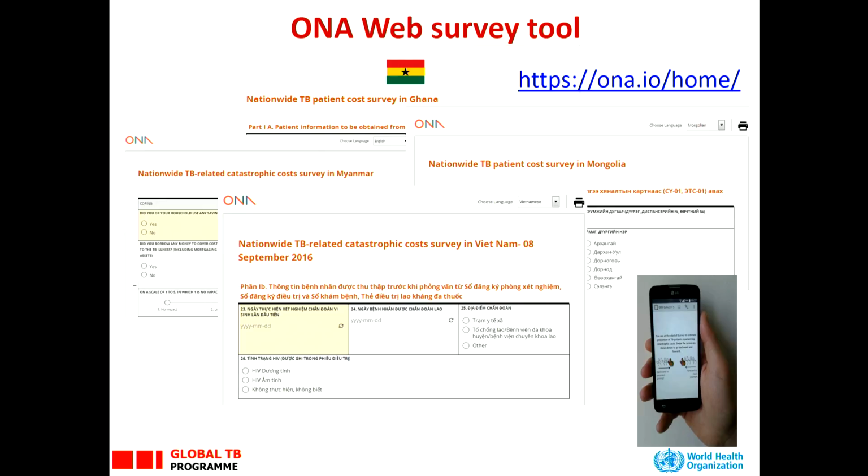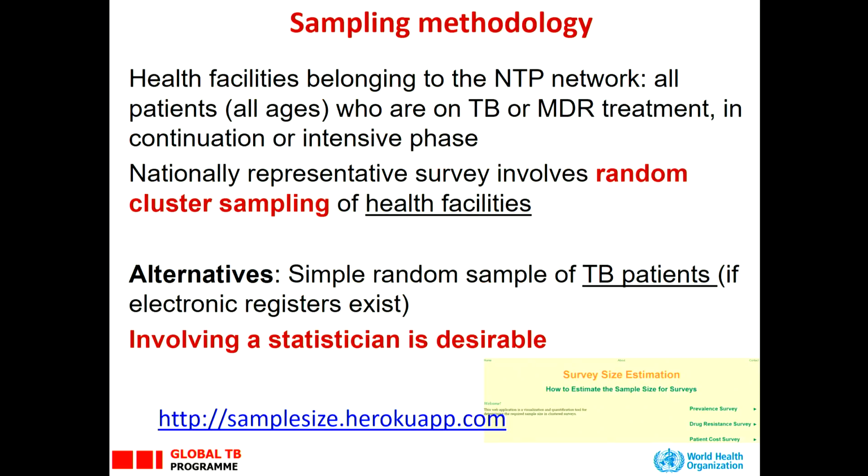Some others are just doing paper-based and then using this tool for data management, because one of the advantages it has, other than having a nice skip pattern, is that it also allows us to extract the data in formats that can be analyzed with statistical packages, including Stata, where we have actually developed a program to analyze following the methodology.